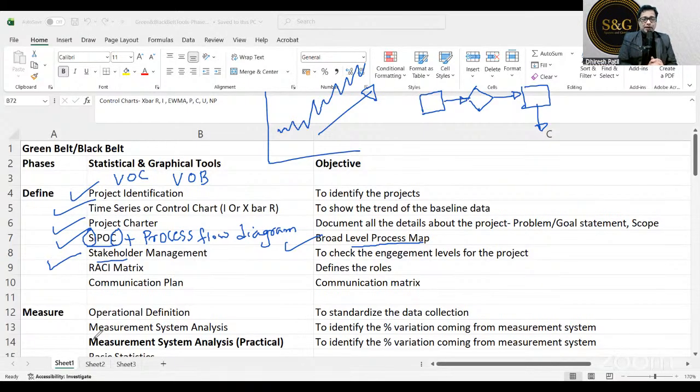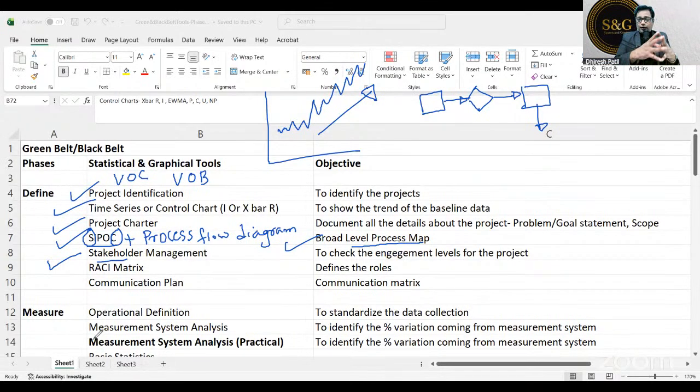Are you understanding? Then we make a team, and the stakeholder management tool is used to gauge what is the engagement level of those stakeholders in the project. It's an amazing, powerful tool to engage all the stakeholders throughout the project. Generally a yellow belt project is basically a 1 month project, green belt 3 months, black belt up to 4 to 5 months.